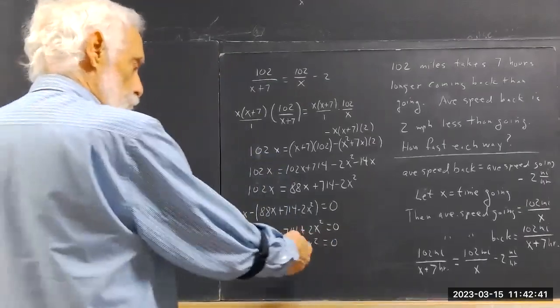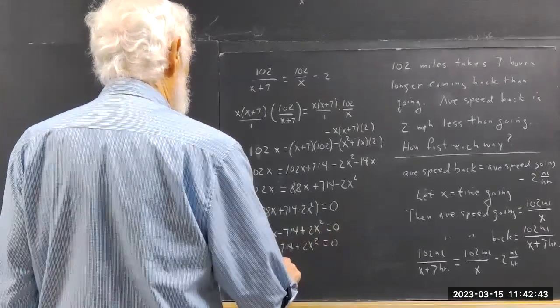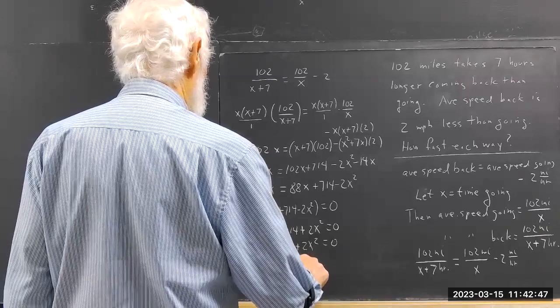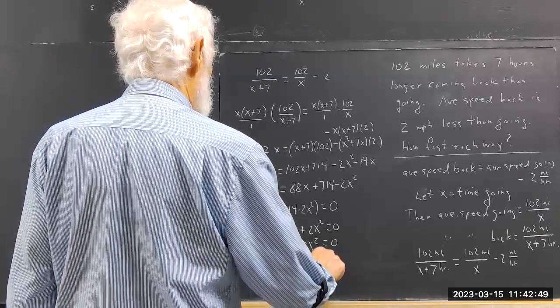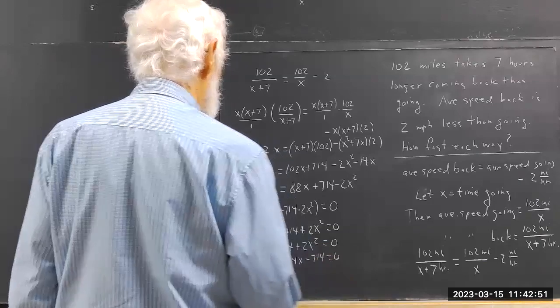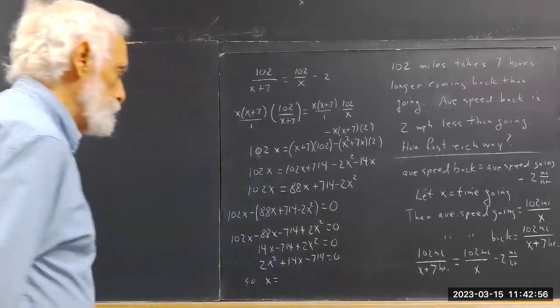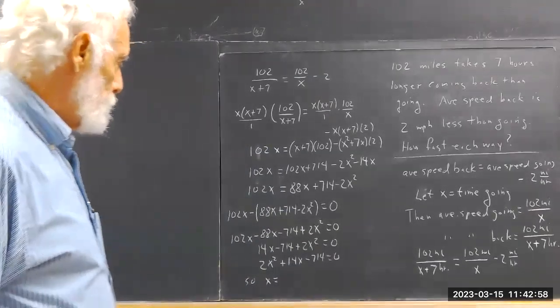And we have this form, and then we probably want to go ahead and put these in order so we don't go blind looking at the quadratic formula. And there we have it.